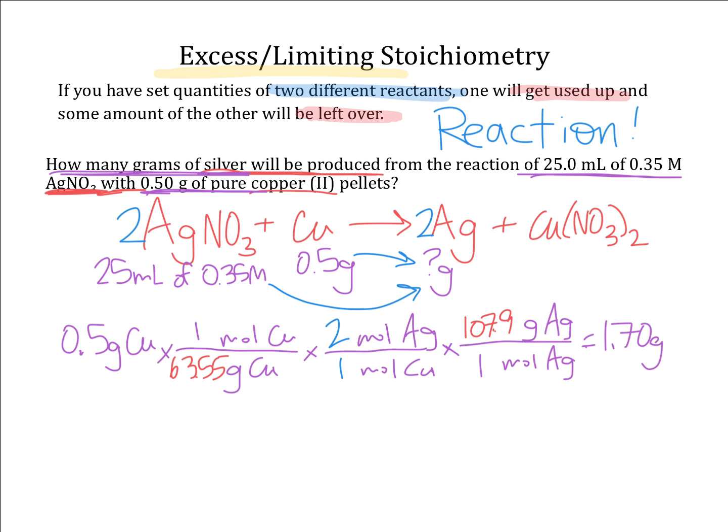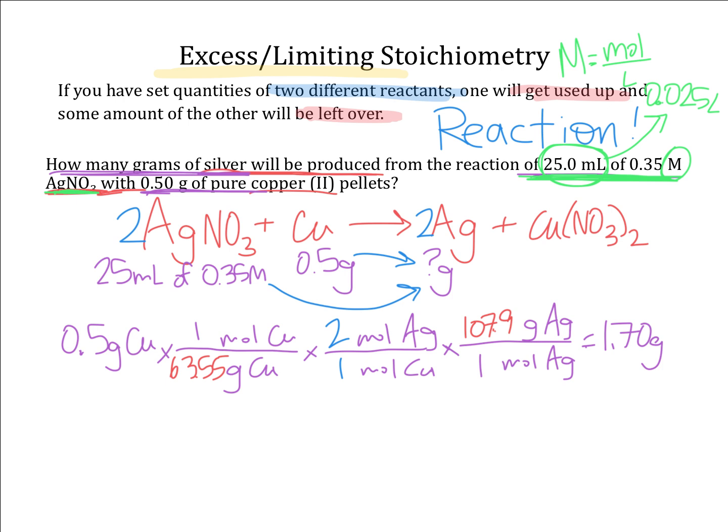But that's not my only reactant. My other reactant is the 25 milliliters of the 0.35 molar silver nitrate. What we remember about molarity is moles over liters. But they didn't give us liters, they gave us milliliters. So my actual first step is changing those milliliters into liters, and that's dividing by 1,000 and getting 0.025 liters.